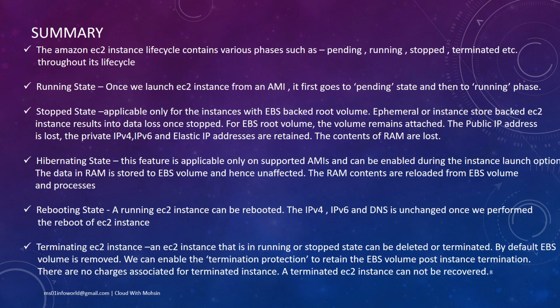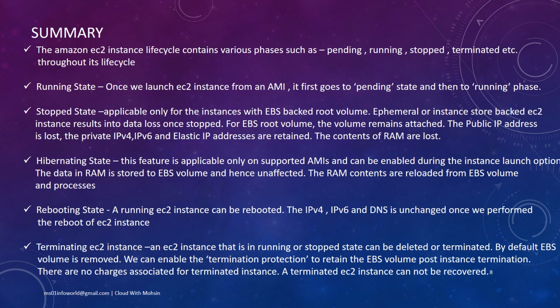Finally, we also covered terminating the EC2 instance. Termination is the state where we choose to delete the EC2 instance. By default, the EBS volume will be removed, and there is a way that we can choose our EBS volume to be retained even after the instance has been deleted. For that, we need to enable the termination protection.